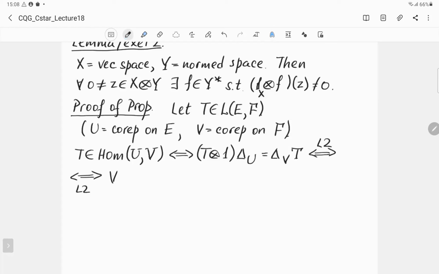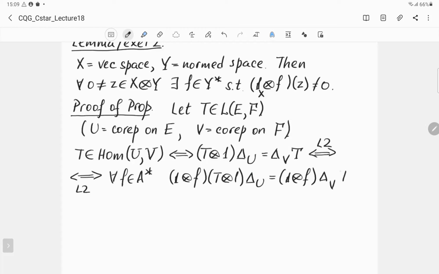For each bounded linear functional f on A, one tensor f composed with T tensor 1 and composed with delta U equals one tensor f composed with delta V and composed with T.